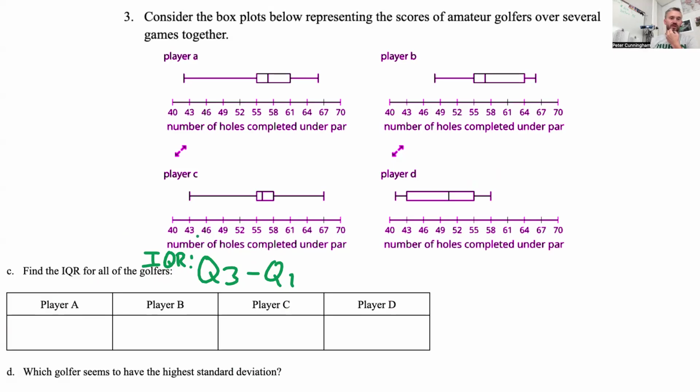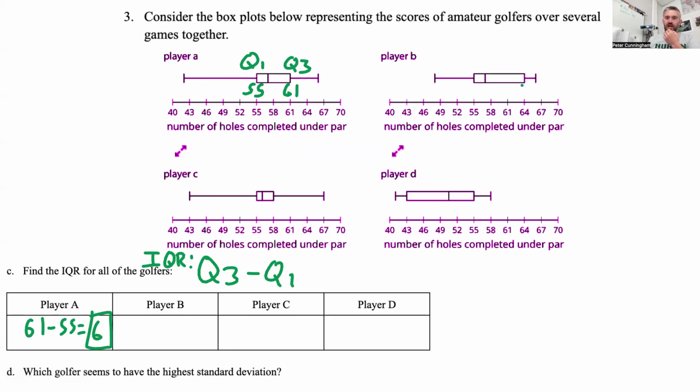Player A's Q3 is 61, the Q1 is 55. So I'm doing 61 minus 55, and the IQR is 6.